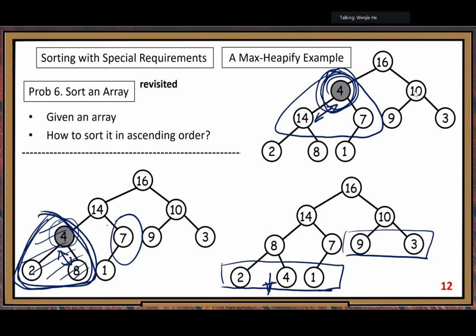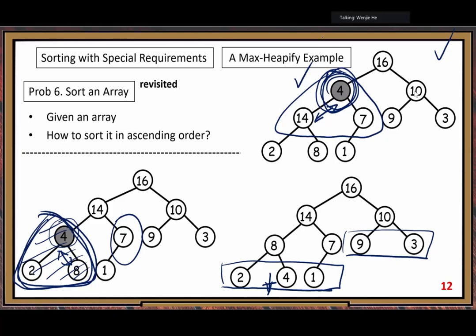If there is a possible violation in the max heap, we need to fix it immediately. So this example shows the basic way we can apply to fix a violation that occurs at one specific node.